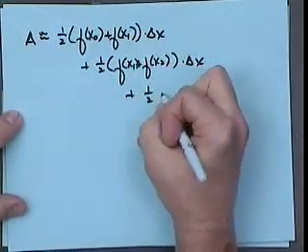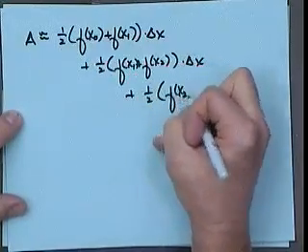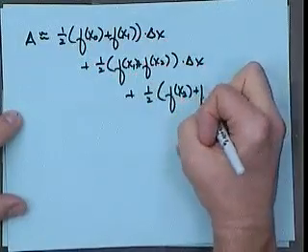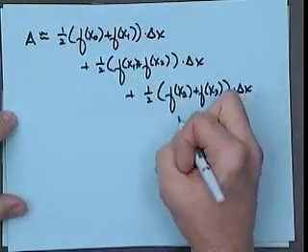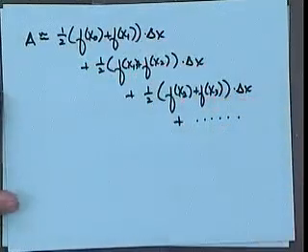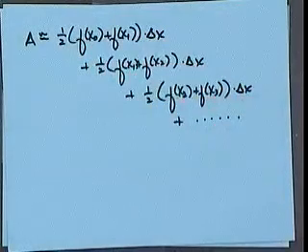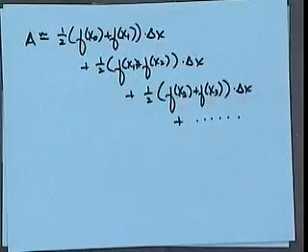And now we move on to the next one. And so on, however many we need. And that'll be either given to us or we get to decide based on the subinterval that we're handed.